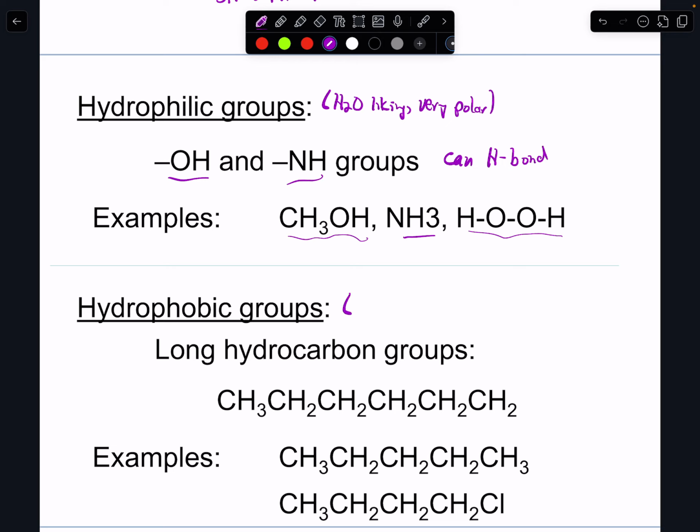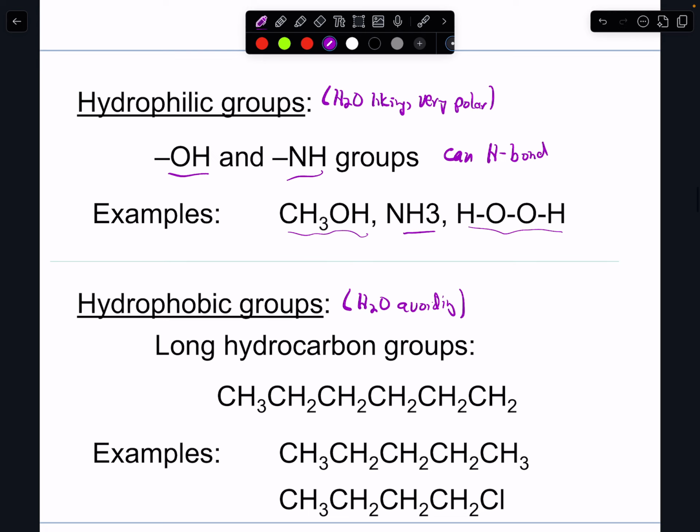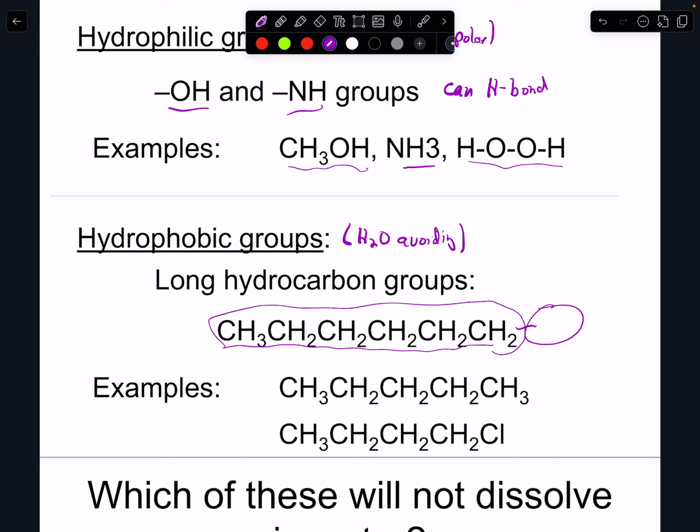Hydrophobic groups are water avoiding. And the most important thing in terms of hydrophobic groups are long hydrocarbon chains. So this is a chain, and it might be linked to something else, but this long chain is hydrophobic in and of itself, even if there's something polar at the end. So examples of this would be 1, 2, 3, 4, 5.